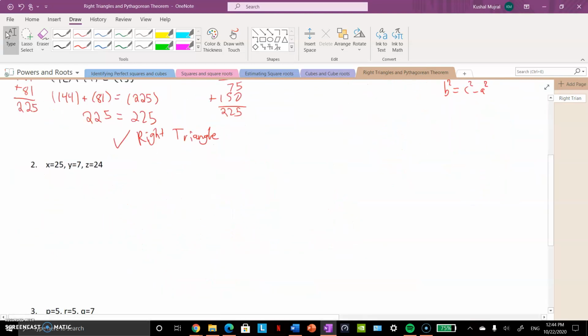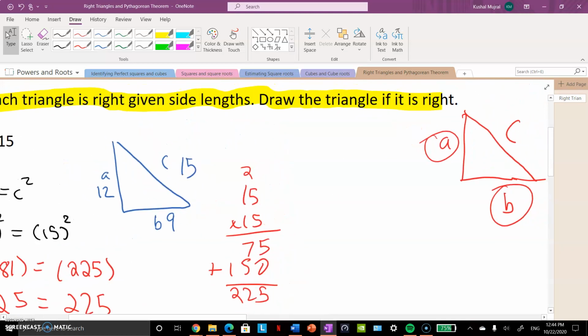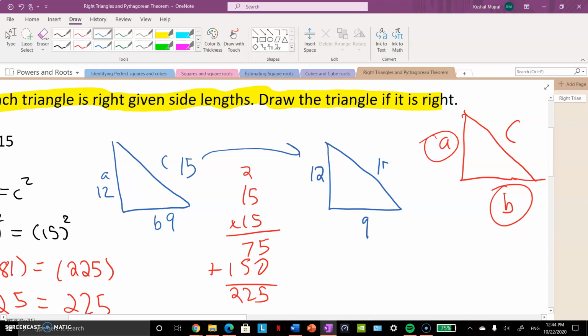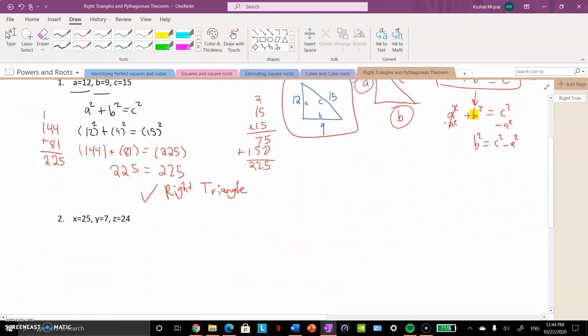It's just because sometimes this could look a bit confusing, but another way to write this would just be, you'll just write 12 here, then you'll write 9 and 15, and you can just go like A, B, C. That's probably a better way to write it, okay? So I'm just going to erase this. We'll stick with this way over here. Okay, that's how you're going to write your triangle.